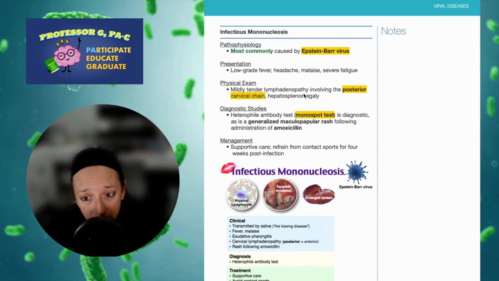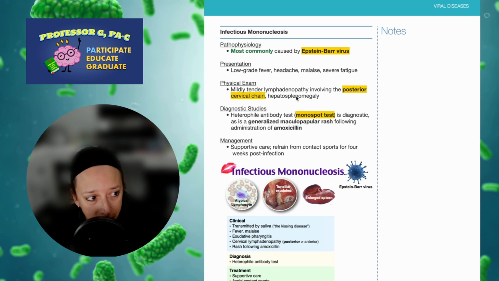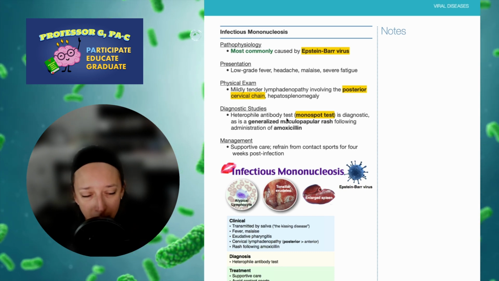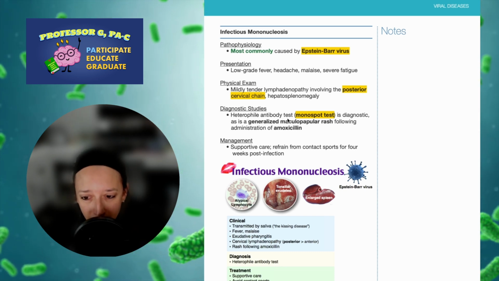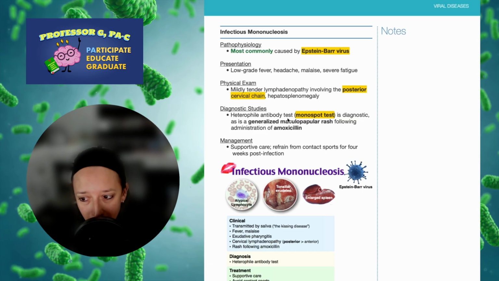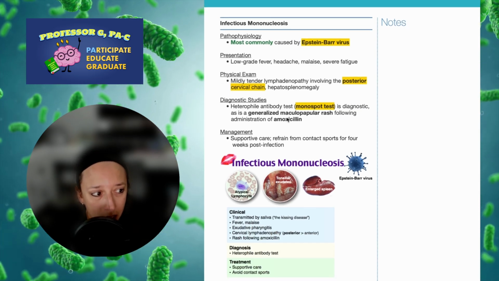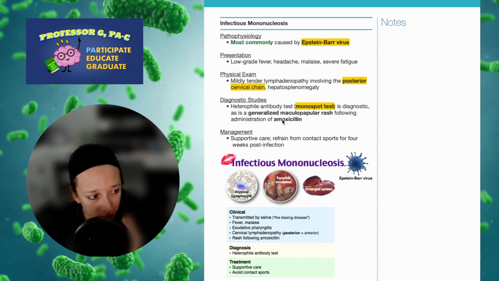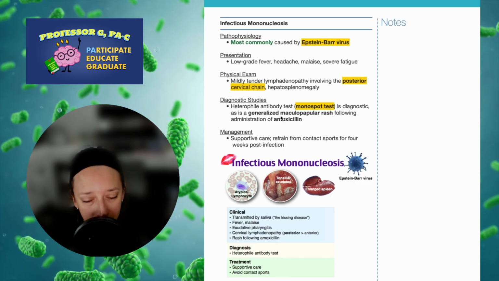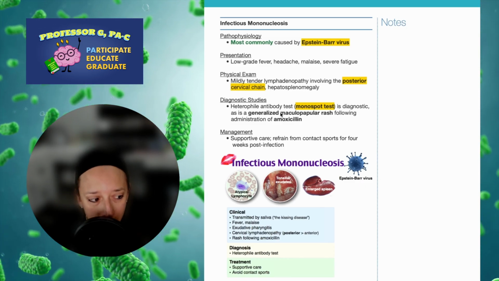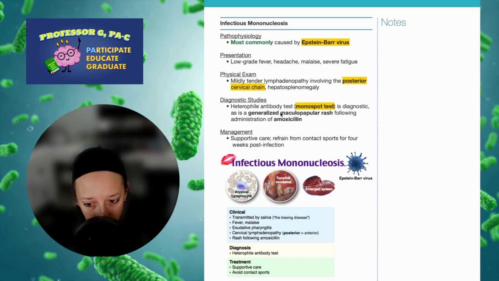On physical exam, we often see splenomegaly or hepatosplenomegaly. Diagnosis is really by heterophile antibody or monospot testing, or elevated atypical lymphocytes on CBC. For treatment, it's really supportive care only. We want to avoid ampicillin and amoxicillin, which can cause a distinct maculopapular rash.